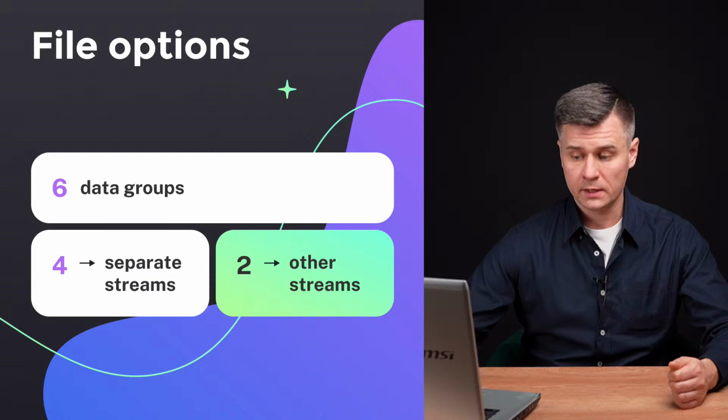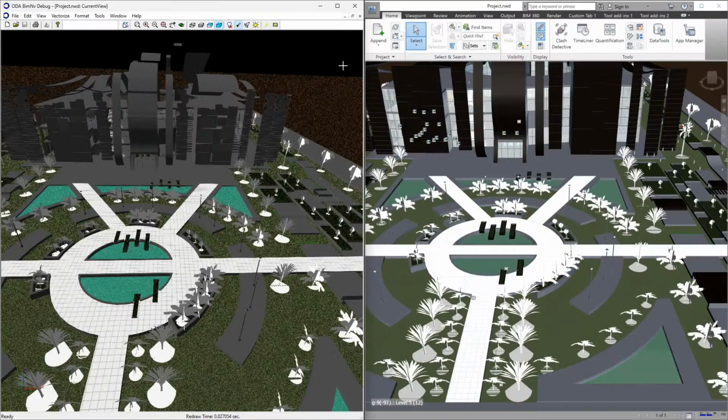And BimNv SDK has the possibility to extract all those options and the API to make them public. So let us have a look at a demo that illustrates this. On one screen we will open simultaneously Navisworks and ODA BimNv app, and open the same model in both applications.